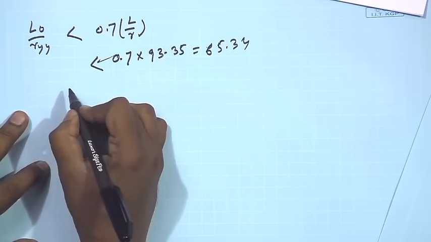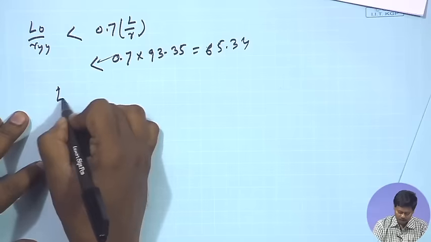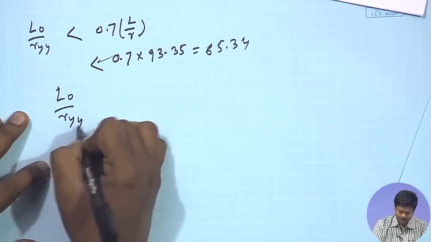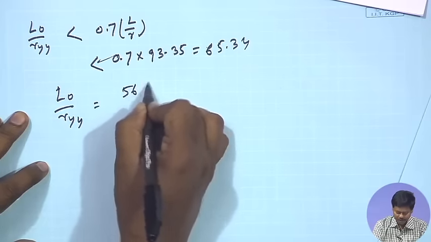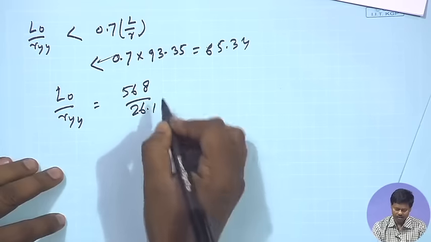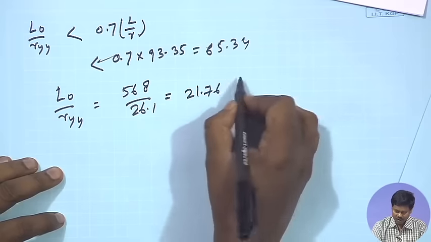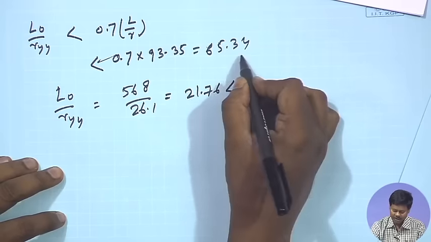now we can find out as L0 by ryy. We can find out as L0 is 568 and ryy is 26.1, right. So this is becoming 21.76 and this should be less than 0.7 L by r.